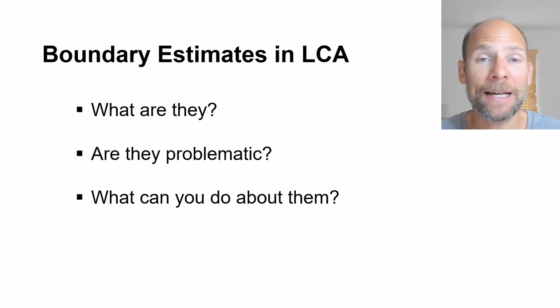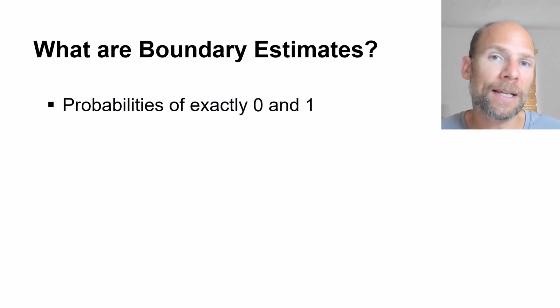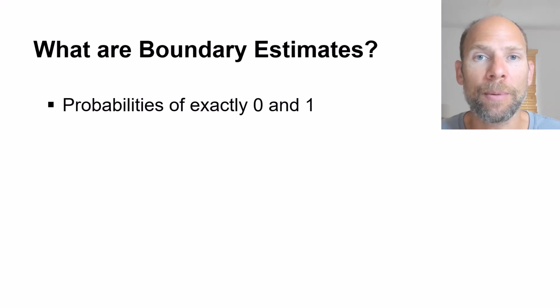So let's get started, and let's first of all talk about what boundary parameter estimates are in latent class analysis. And that's really easy to understand. So in latent class analysis, we estimate probabilities, class probabilities, and then also so-called conditional response probabilities for our items or latent class indicators.